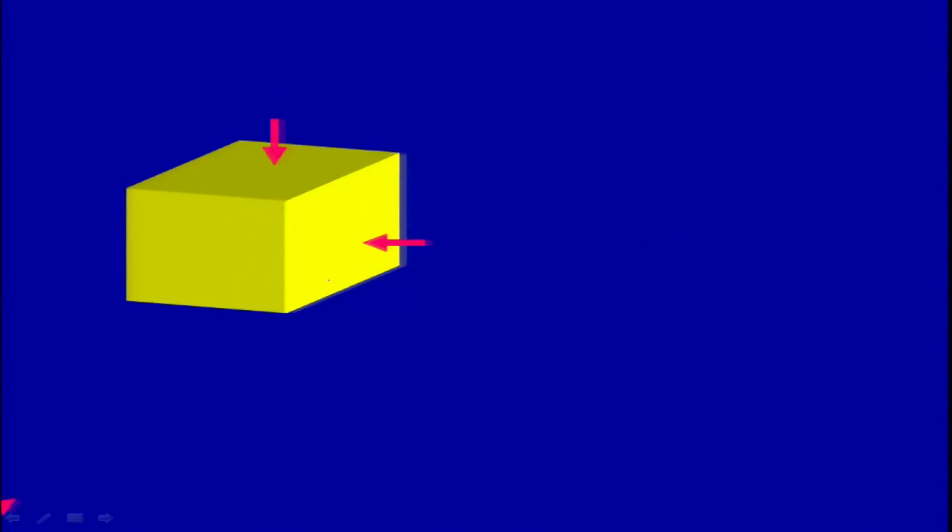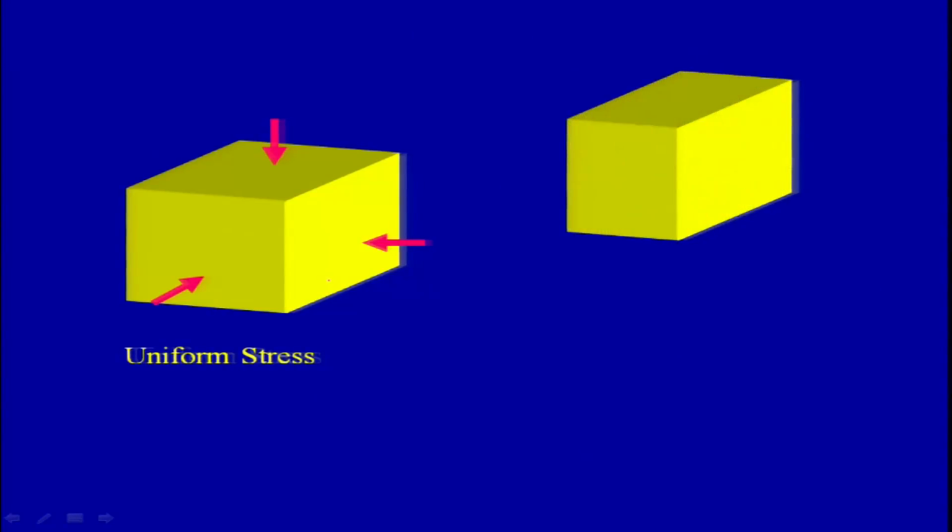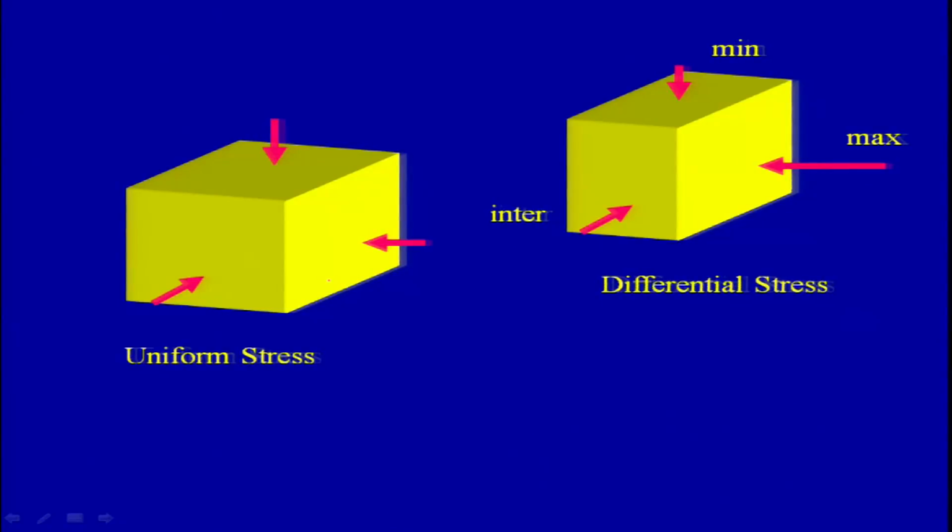If you look at the three stresses, sigma 1, sigma 2, sigma 3, in the deeper part of the earth's interior you will see almost uniform stresses, whereas in the upper part one of the stresses will be maximum, and that is what we call differential stresses. The stresses are directional, and that will lead to deformation, whether compression, extension, or slip past each other.